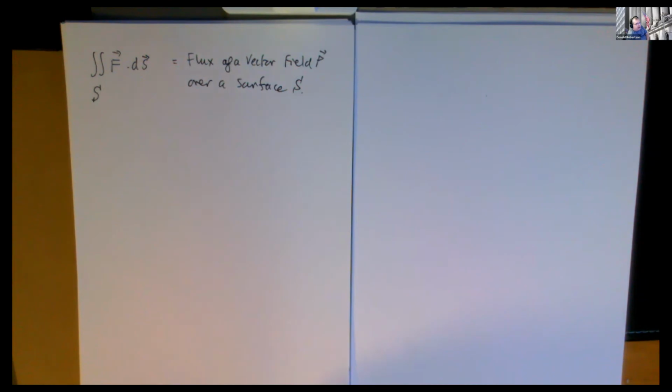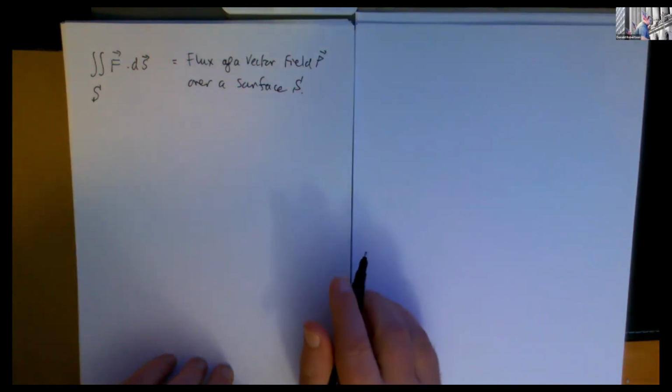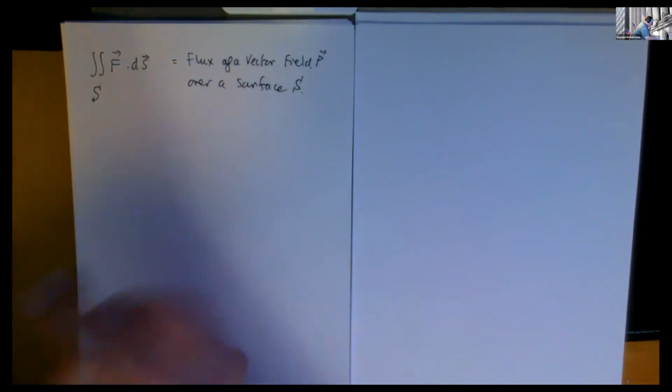Now, it is a double integral. It is over a surface, so it's a surface integral. It is a little bit different in the way that it is calculated. As I said earlier, it's something to do with physics. Do not know what it is, but it is something to do with physics.